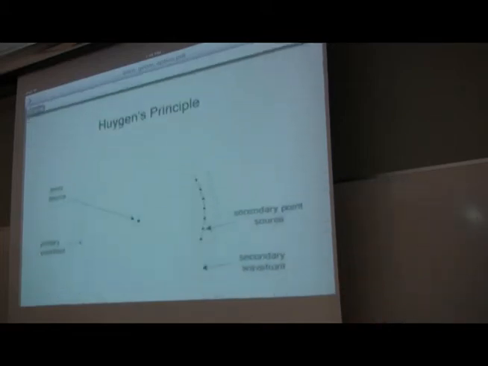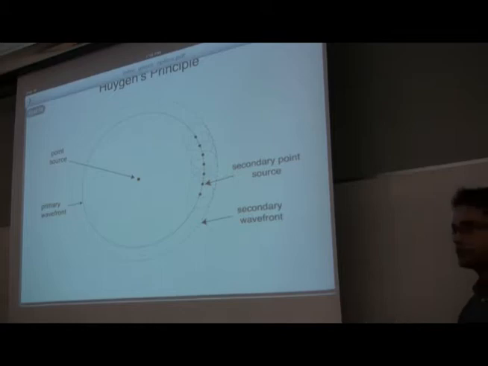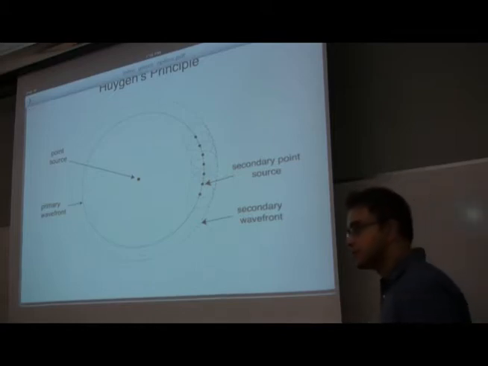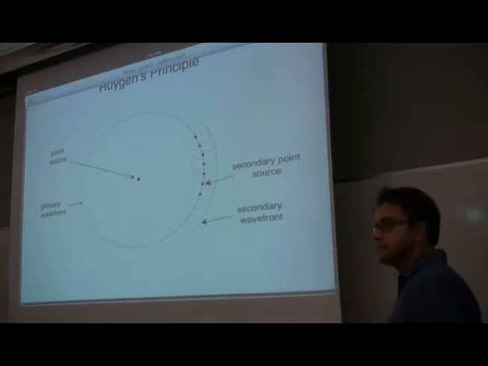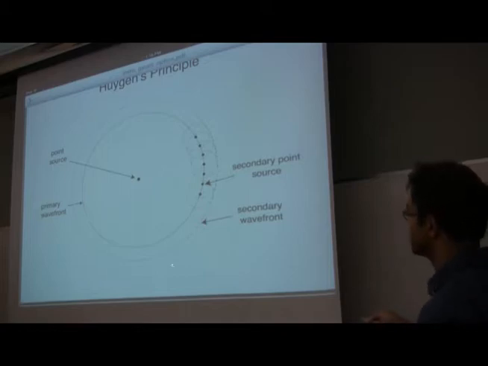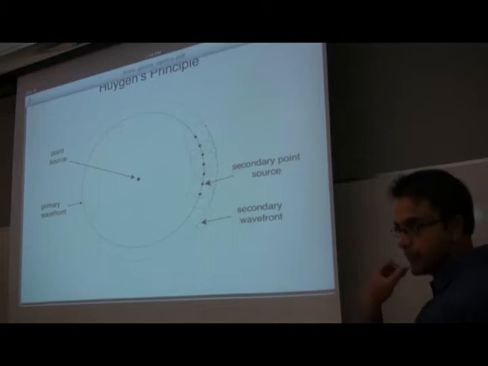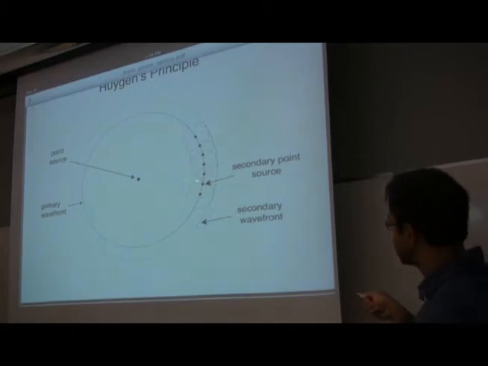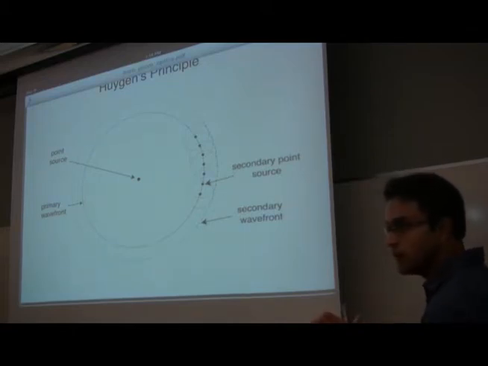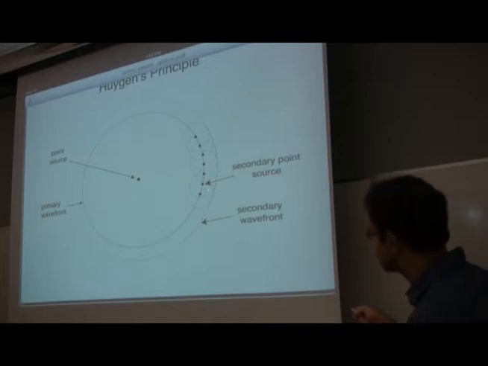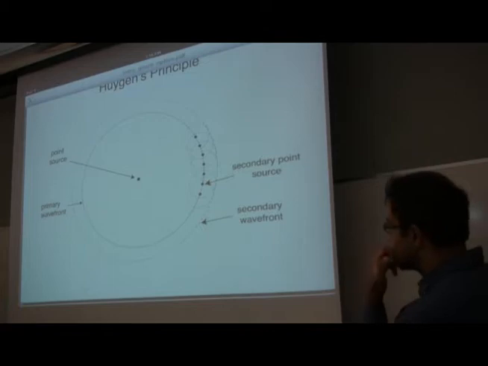And that envelope is the next wavefront that happens at the next instant of time. Okay? So that's a so-called secondary wavefront. You'll get another sphere, clearly. Right? Because if you look at the same interval of time, each of these diameters are the same, right? Because they travel the same distance.